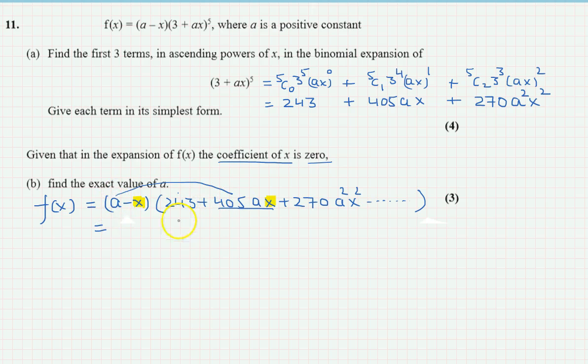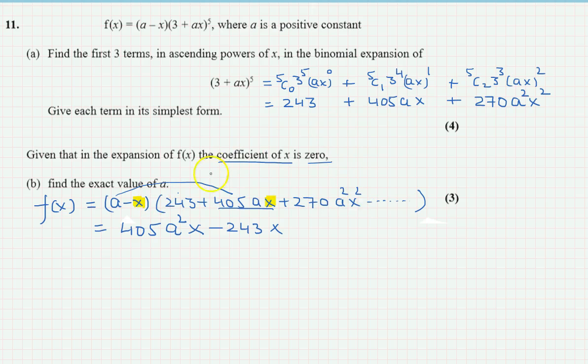So that is 405 ax multiply a, so it will be 405 a square x. Then if you multiply, this will become x square. Now multiply a by 243, there is no x. Multiply a by this we have already. Now the x: minus x multiplied by 243 is minus 243x.